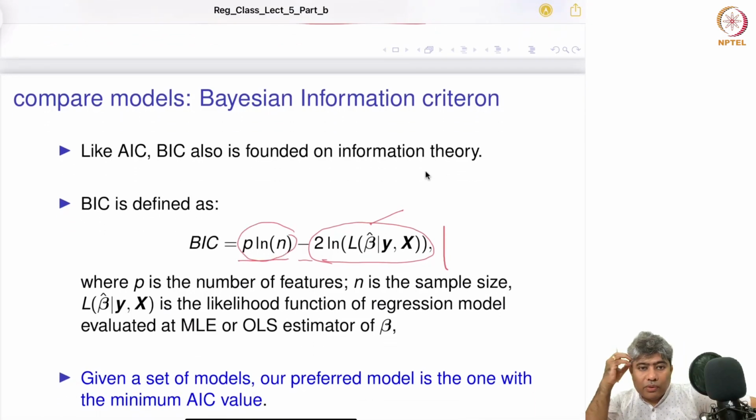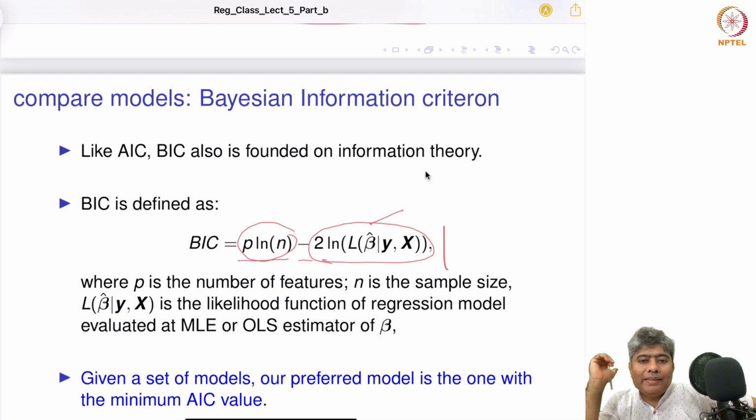Some people like BIC over AIC, because the Bayesian information criterion makes a balance between the number of samples in your data set and the number of features in your data set. So BIC is slightly preferred over AIC, but honestly that does not make much of a difference.